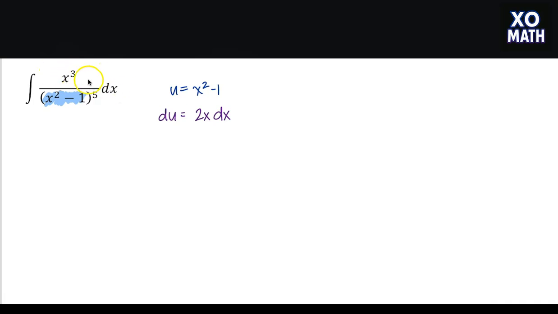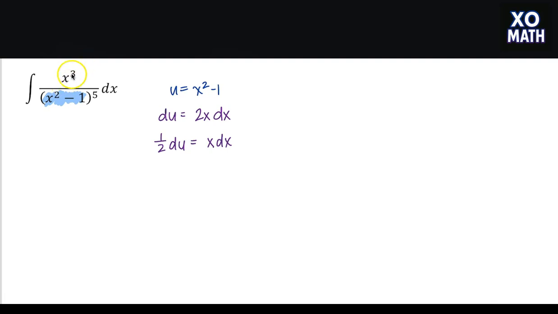Well, in the numerator, I have x cubed dx. So I will be able to rewrite one of the x's up here in terms of u. So if I divide by 2 or multiply by 1/2, I have 1/2 du is x dx.